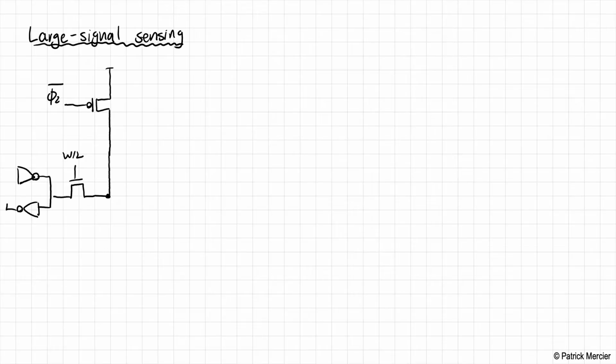And this would be the basic way that we would all immediately understand how to do the sensing. Okay, so let's just draw a smaller section of this circuit. We have our pre-charge transistor activated on phi 2 bar, and this will be connected to an SRAM cell through an access transistor that's activated by the word line. Within this SRAM cell, we have our cross-coupled inverter structure.